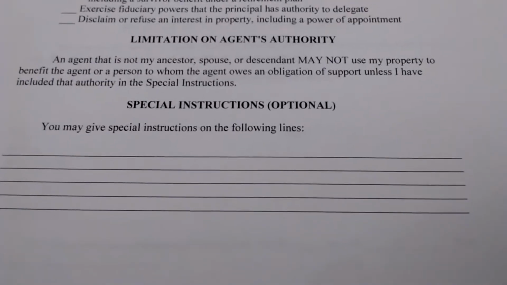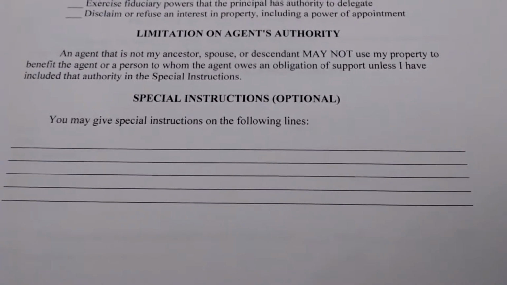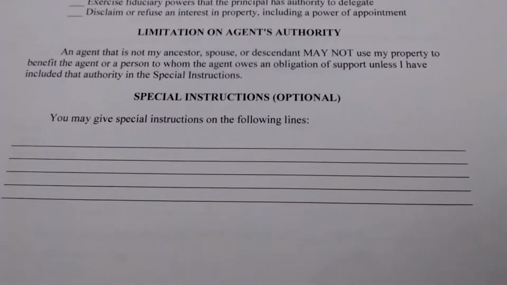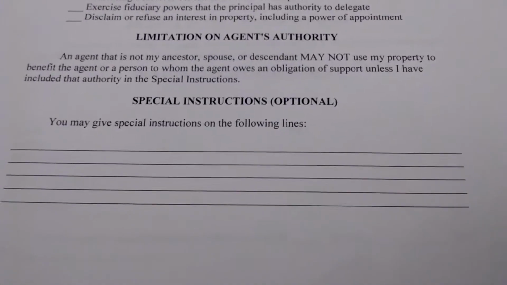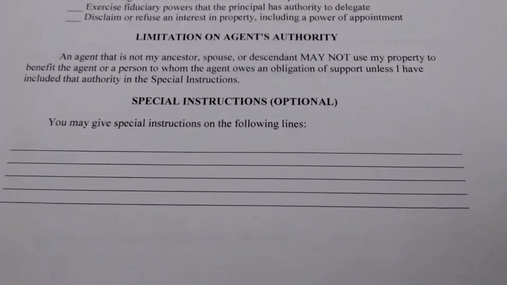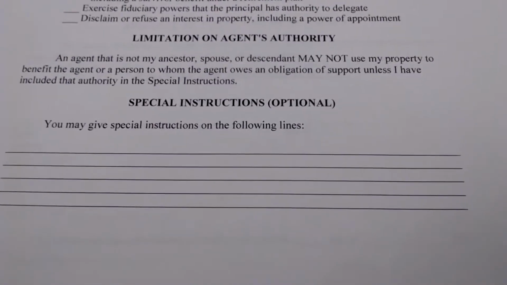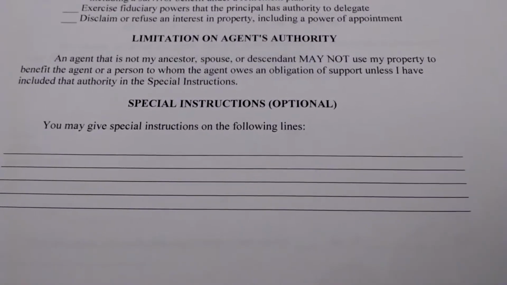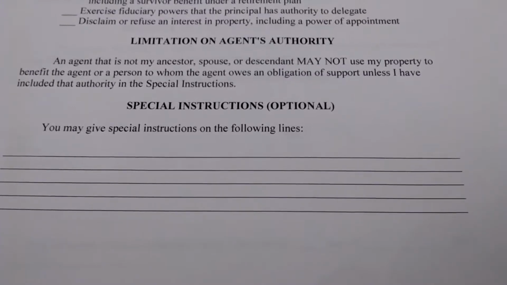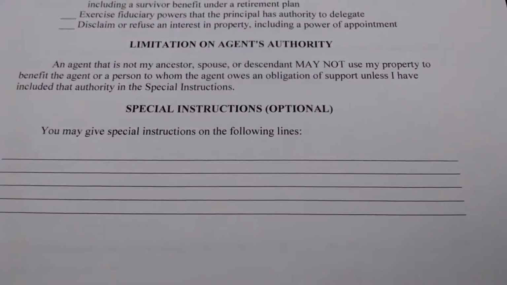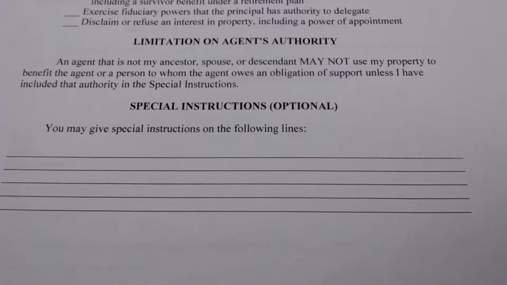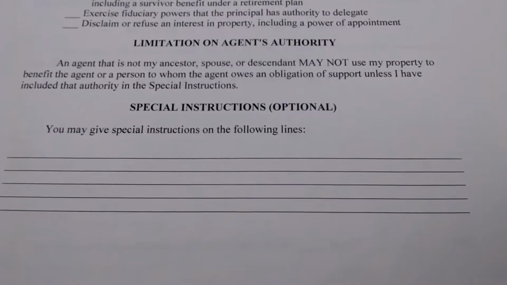Under special instructions, you may decide to write some special instructions. Some common special instructions are going to address the things on the first page that might not line up with what you want as far as how this form is effective. Those may include things like agent compensation.